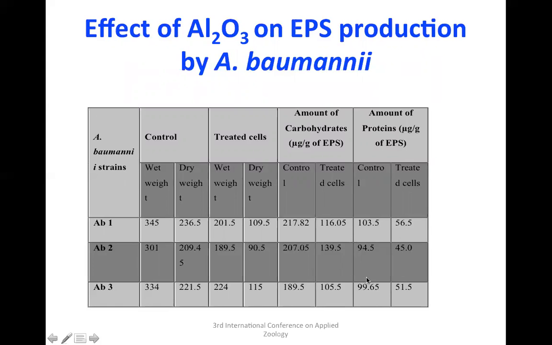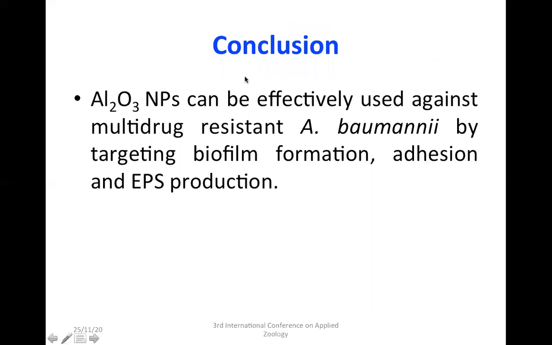In most cases, there was significant reduction in protein and carbohydrate content in Acinetobacter baumannii. So we can conclude that aluminium oxide nanoparticles can be effectively used against Acinetobacter baumannii by targeting biofilm formation, adhesion, and EPS production.